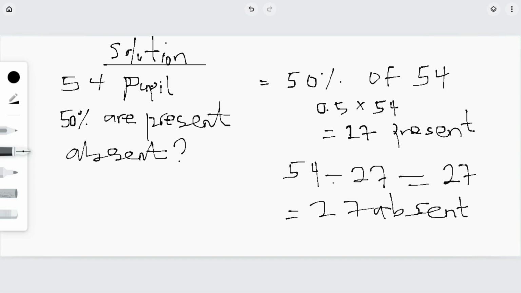So we are now to find how many of them do not have blue eyes. So let's say children that don't have blue eyes, and I'll put a question mark there. So don't have blue eyes equals, we don't know it.